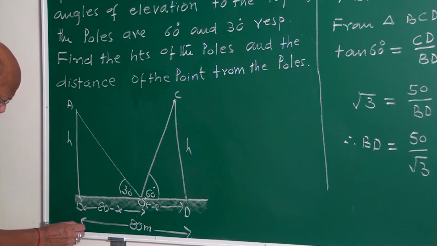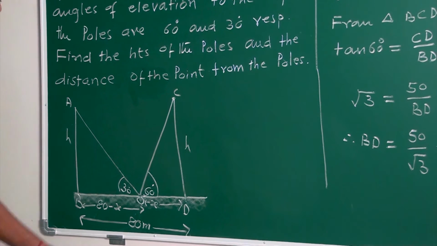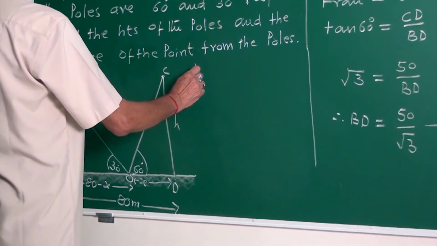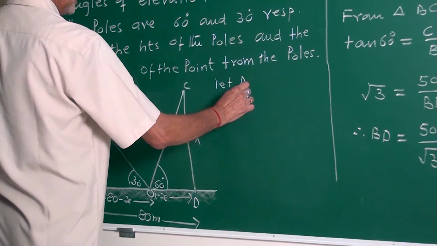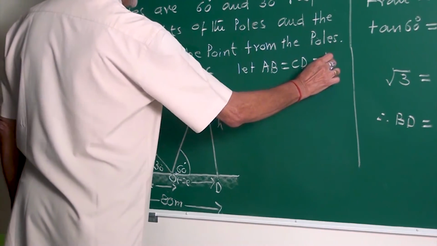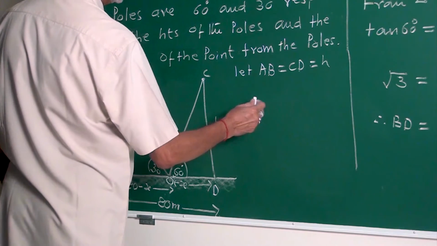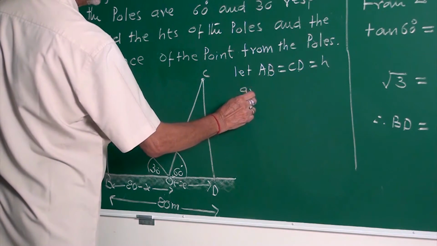Let AB equal to CD equal to H, the given poles.